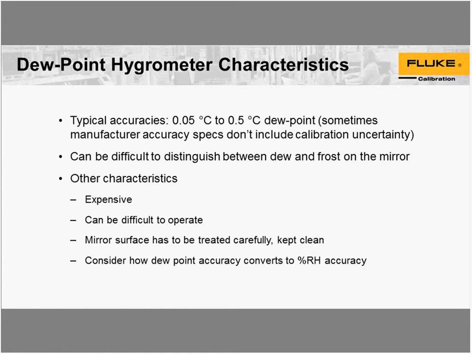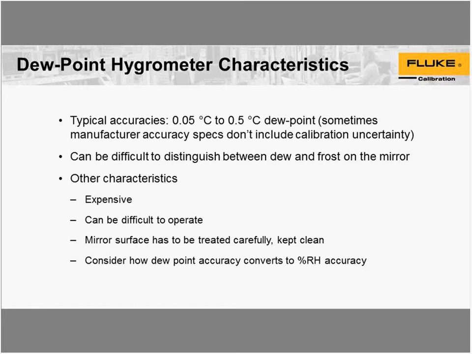At -5, it's always dew from what I've seen. So it gets a little complicated, and some of the mirrors have techniques for forcing frost. You know, they will take the mirror all the way down to -30 or so to make sure they have frost, and then go back up to the dew frost point that's below zero, and that's the way they ensure they have frost on it. So it's not exact science.